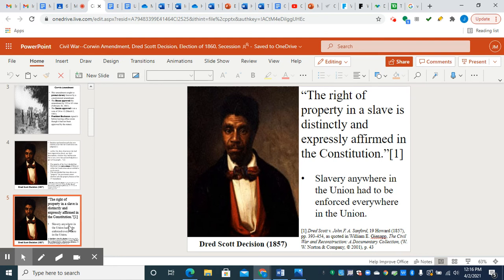But what starts to happen is, in doing that, the US federal government starts to anger the free states. And the free states start to say, we are not going to follow this stuff. And the slave states say, they're not following what the US government is telling them to do. Yet they want us to follow what the US government is telling us to do.